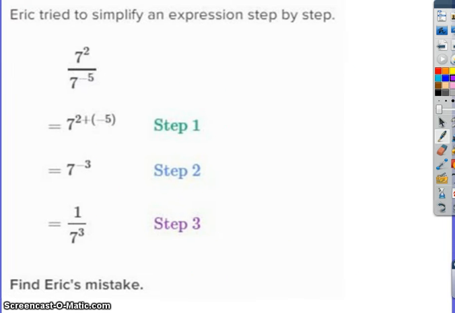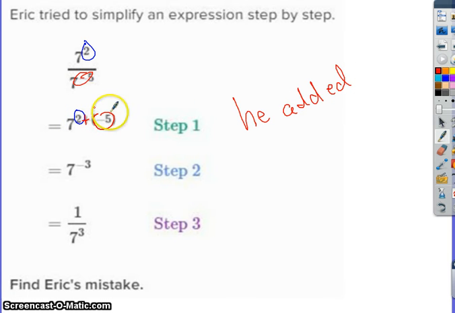And pause here. Eric was now simplifying this other expression step by step. So he took the exponent on top, which was 2, and the exponent on bottom, which was -5. And in between there is the operation that he did, which was he did what? He added. And now we need to evaluate, should he have added?